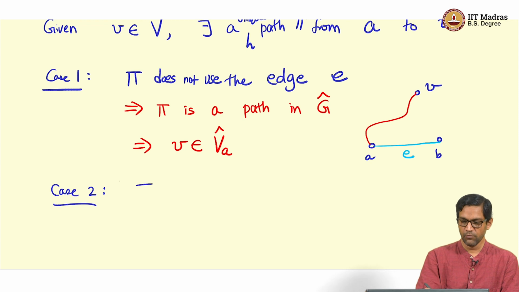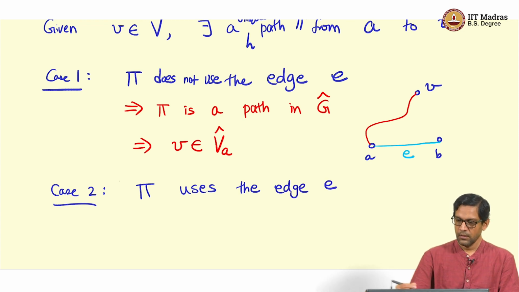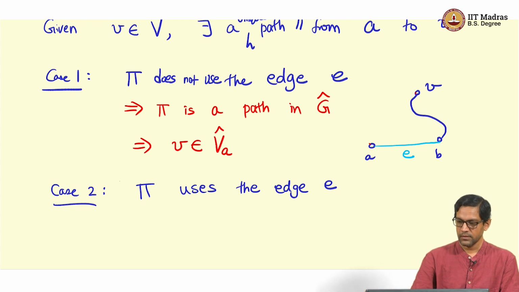what if pi involves the edge? Pi uses E. So, if there is a path which uses the edge E, what will that look like? So, first you go along E and then you go along some path, right. Then what does that mean?